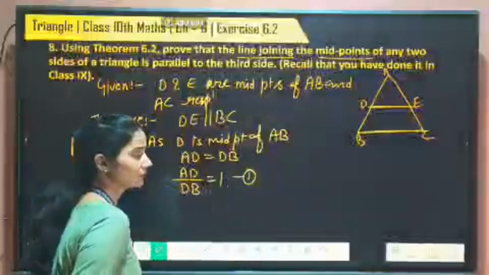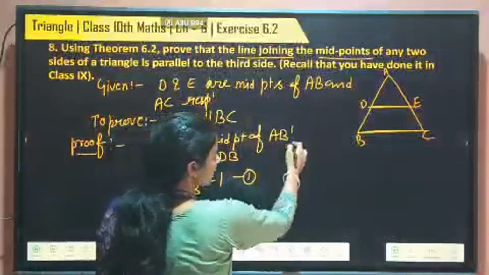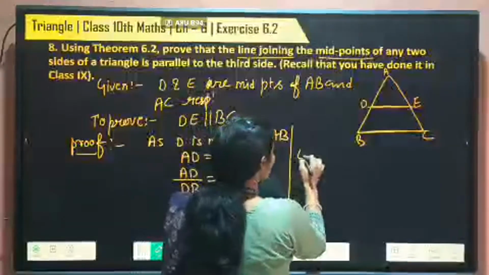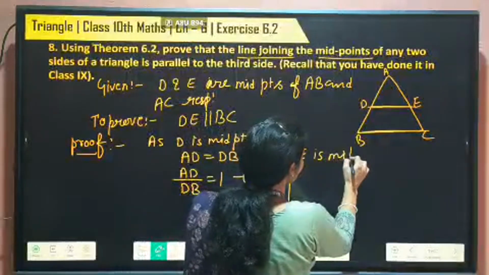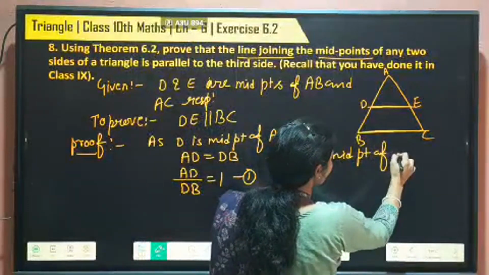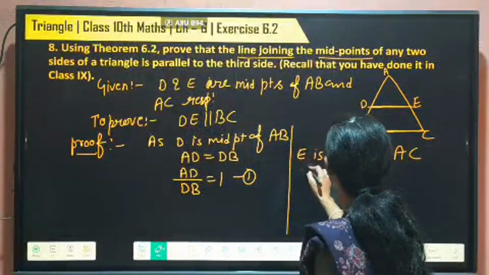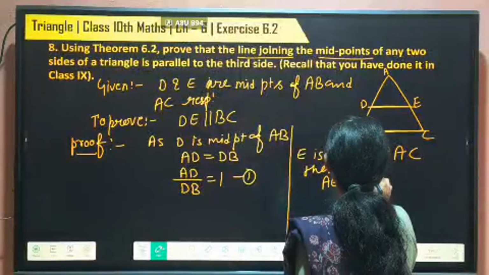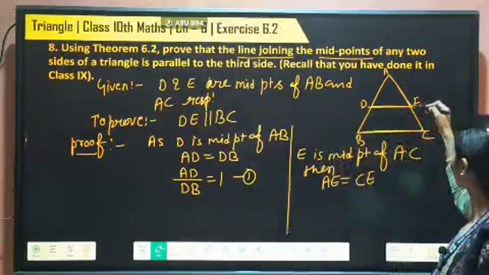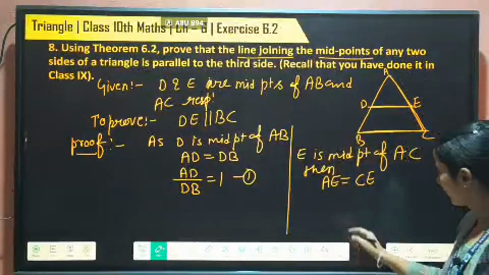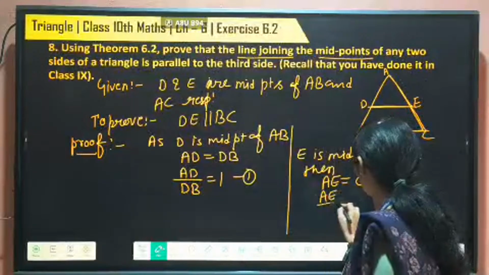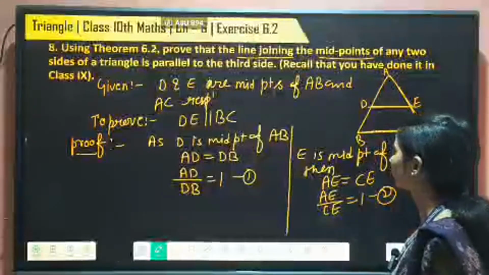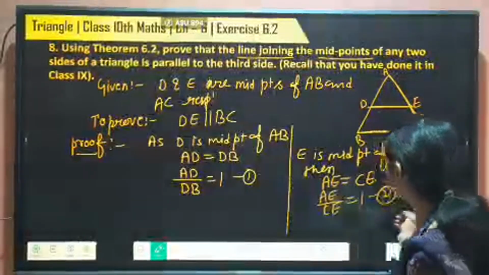So equation number 1. Now, similarly, we know E is the midpoint of AC. Then AE is equal to CE. Now, AE by CE equals 1. So equation number 2.